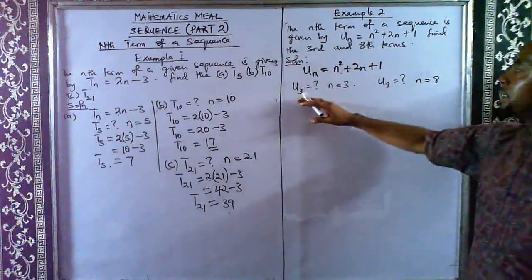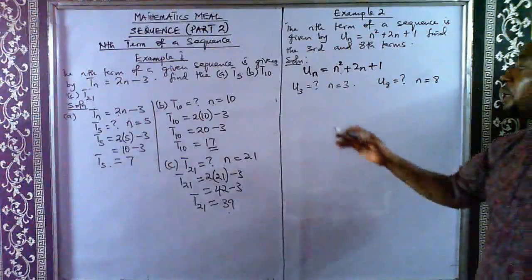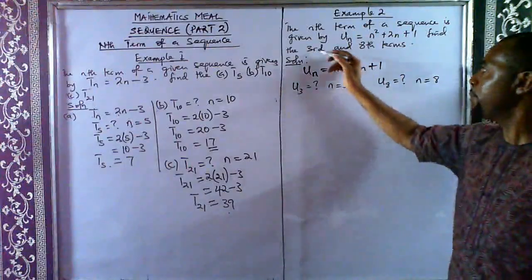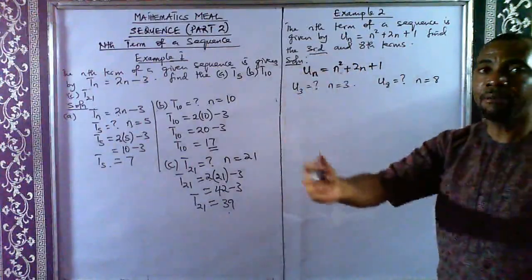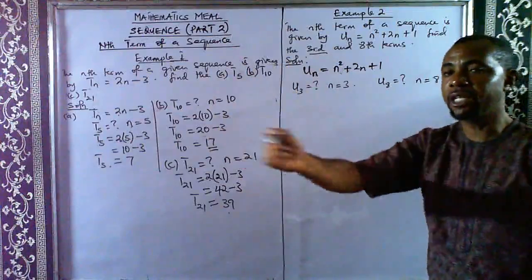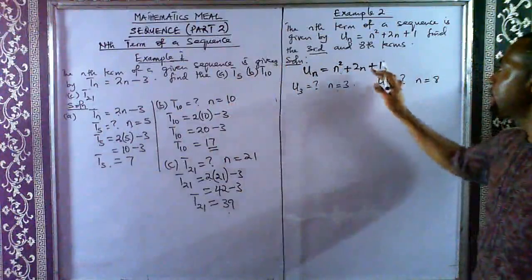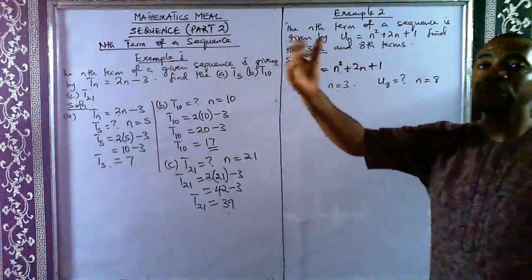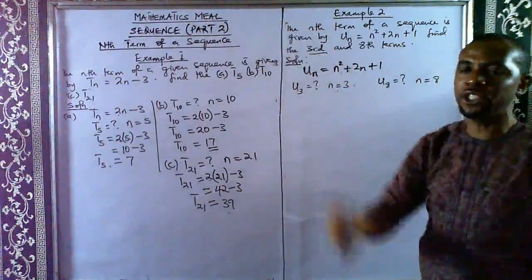So we are looking for the third term and the 8th term. The number of terms in the first case is 3: position 1, position 2, position 3. The 8th term will be position 1, 2, 3, 4, 5, 6, 7, 8. So which number will be in that 8th position?